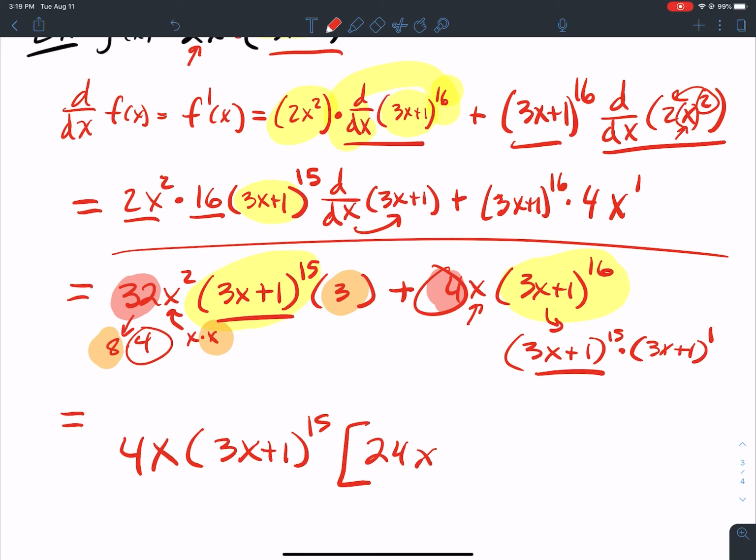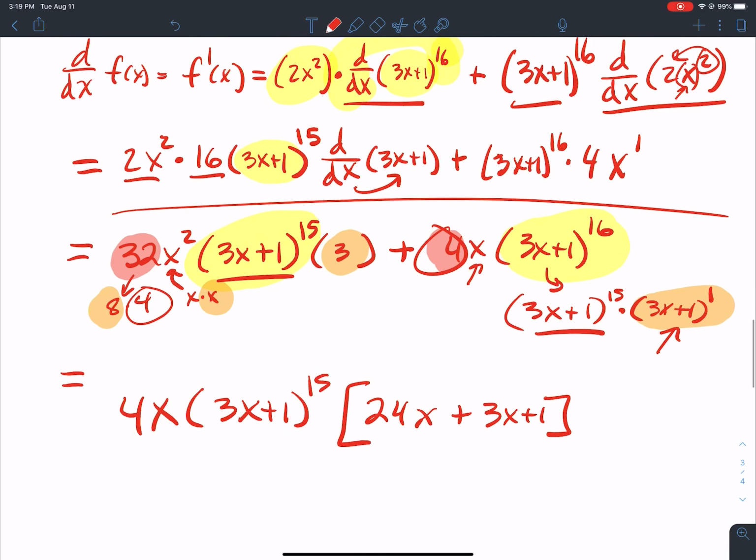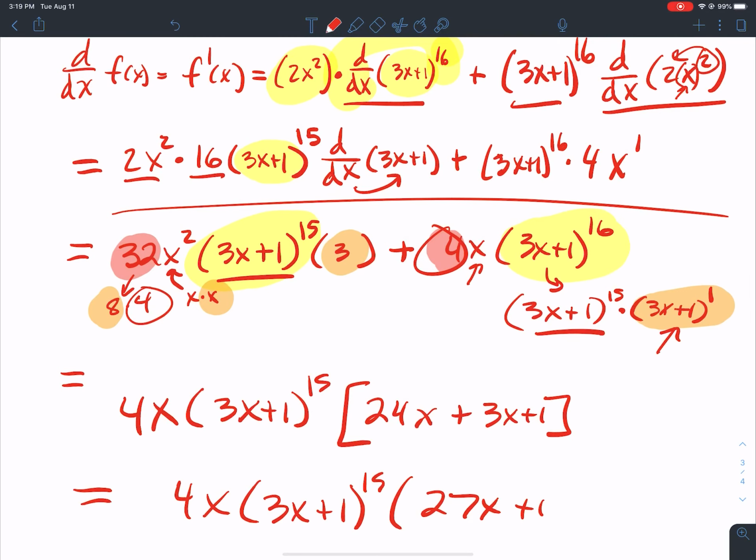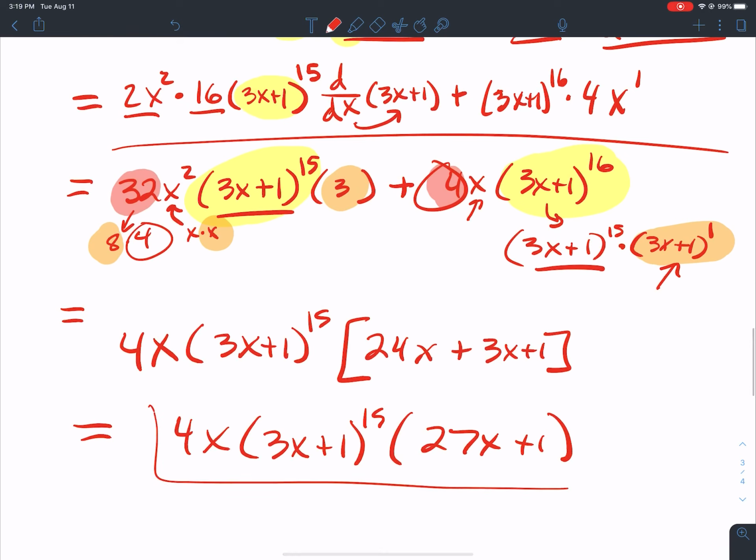It looks like all I have left over is just this piece right here. We used the 4x and we used that (3x + 1). So I have a (3x + 1) factor left over from right here. Combine like terms. In my parentheses, I have 27x + 1. So that is my final answer.